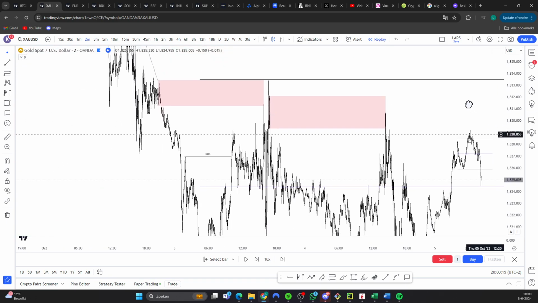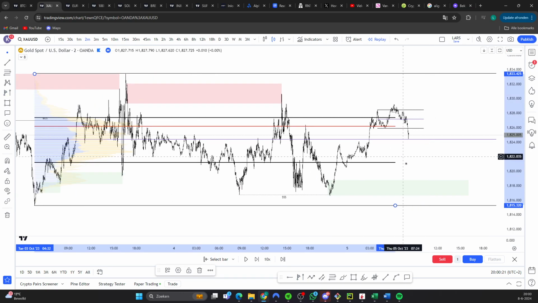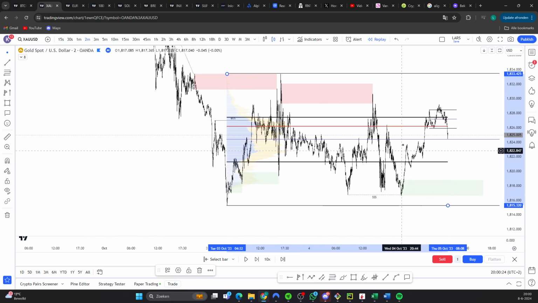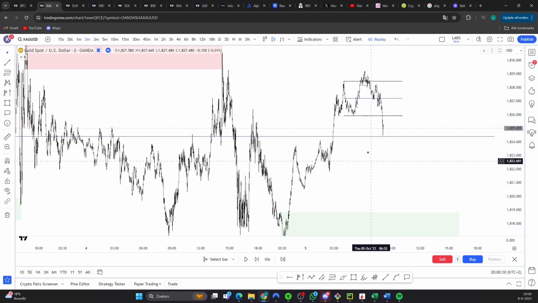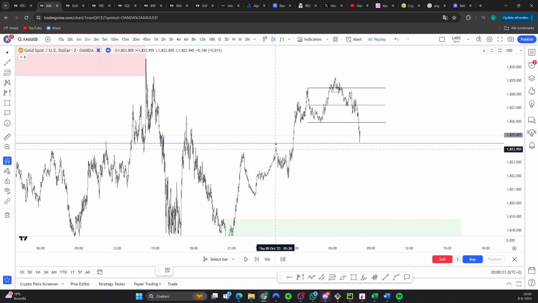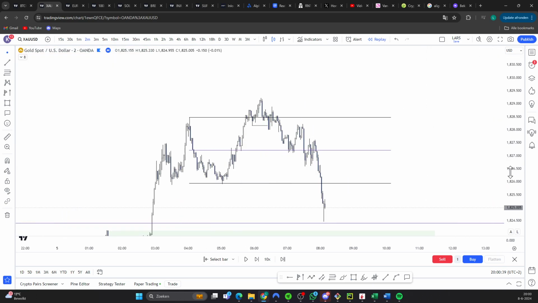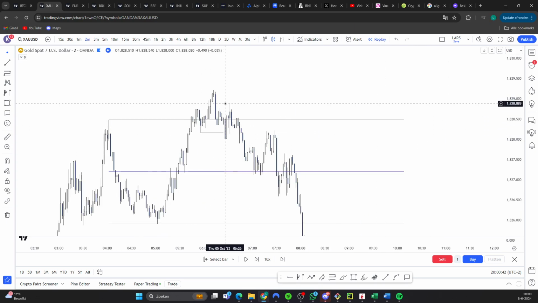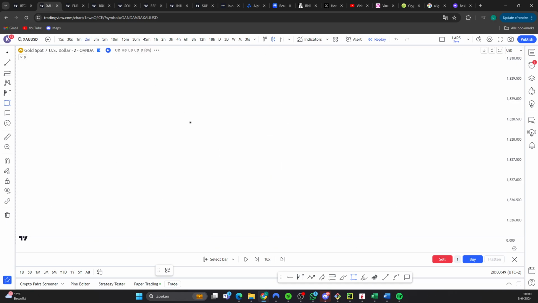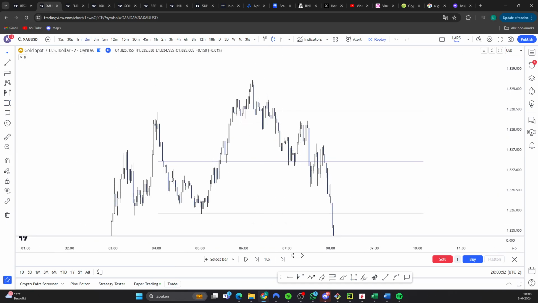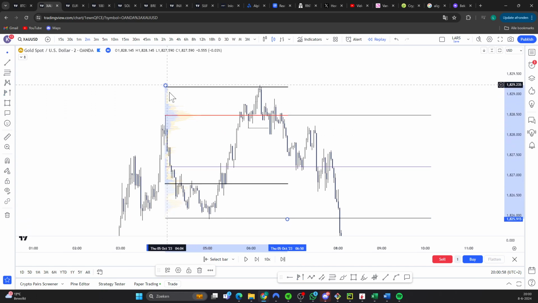I wouldn't call it a high probability setup at all. Yeah, look at that. That's weird as fuck. Okay.